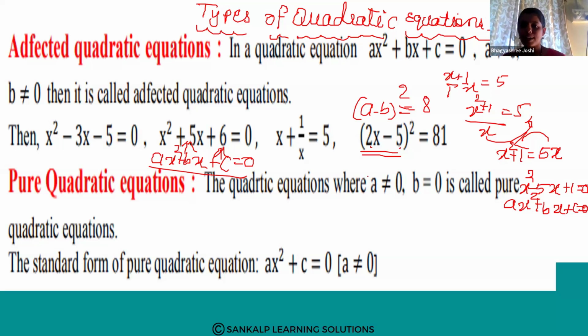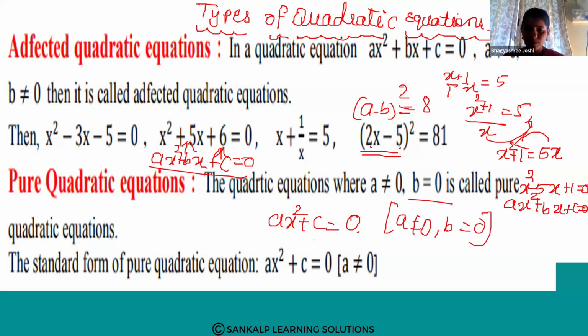But in a pure quadratic equation, b is equal to 0. The standard form of a pure quadratic equation is ax square plus c equal to 0, where a is not equal to 0, but b is equal to 0 here.